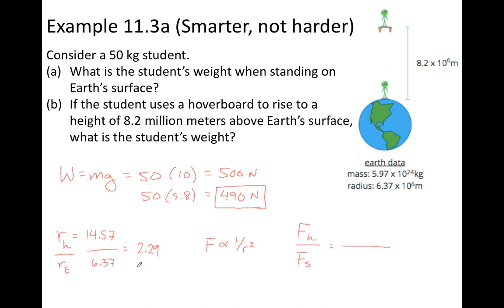If I take this ratio that I just found, the 2.29, and I square it and I put it on the denominator to reflect that it's inversely proportional, then I will end up solving for the force on the hoverboard as 95.3, which is just a little bit more than the 93.7 that we did on the last slide. There's some little bit of an error there just because we're rounding very large numbers to only 3 digits.